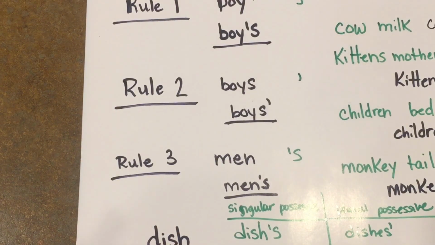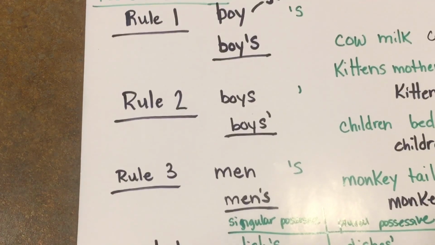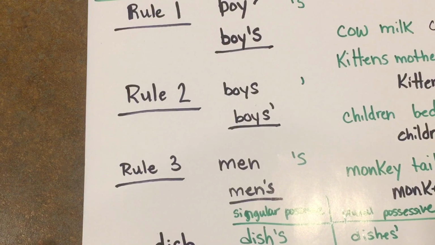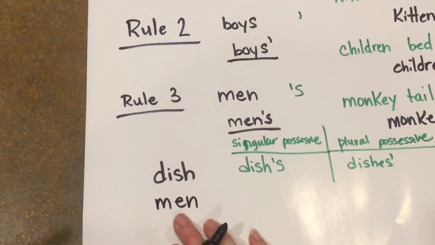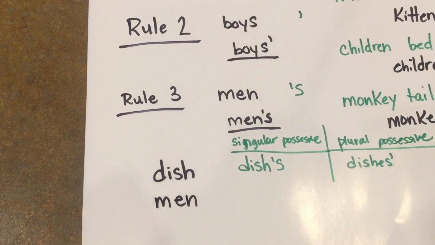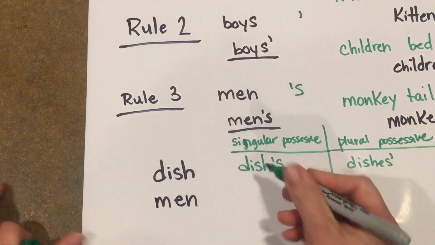Men. Let's do men. Okay, how do we make this singular possessive? Well, right now, men is more than one, right? So just one man. One of the men is called a man, right? So it's man.